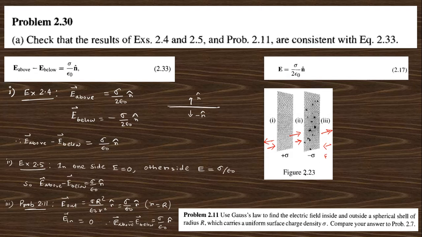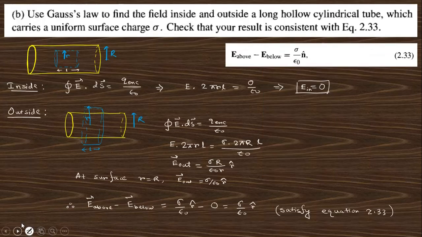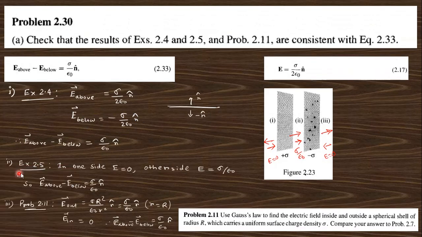In these two regions the electric field will be 0, and in that region it will be sigma by epsilon naught, because the two electric fields are added. So one side is 0 and another side is sigma by epsilon naught. If you take the difference, above minus below, this also gives sigma by epsilon naught n cap. So in that case this also satisfies.